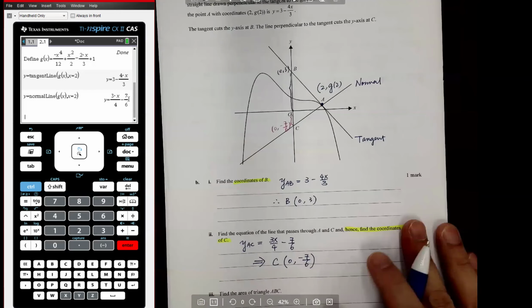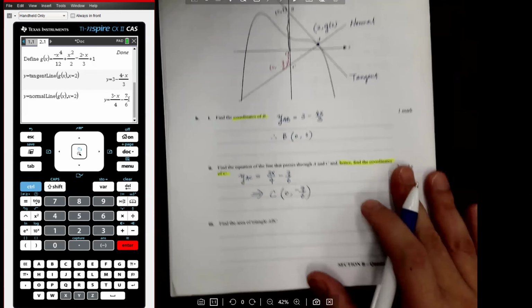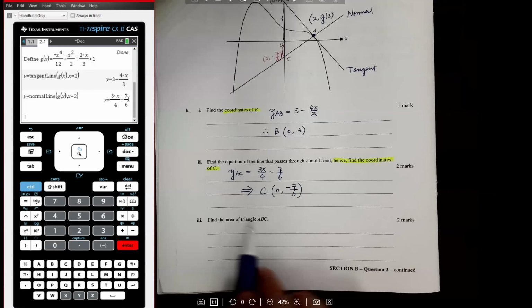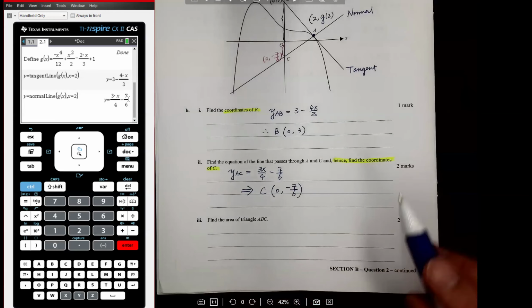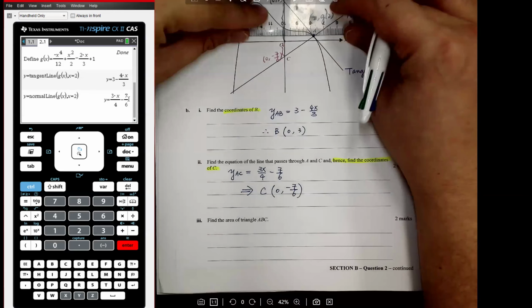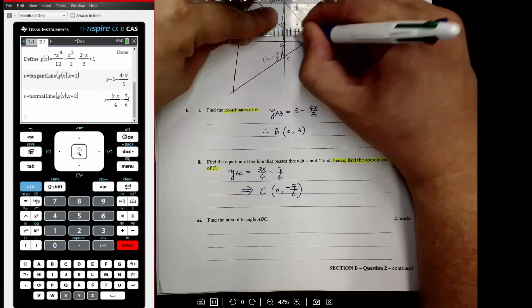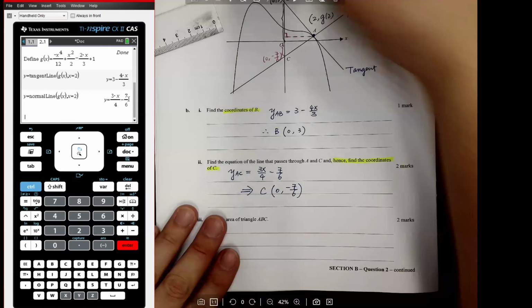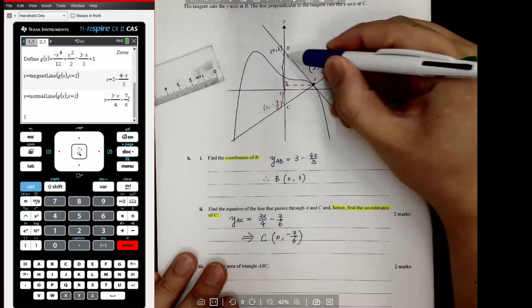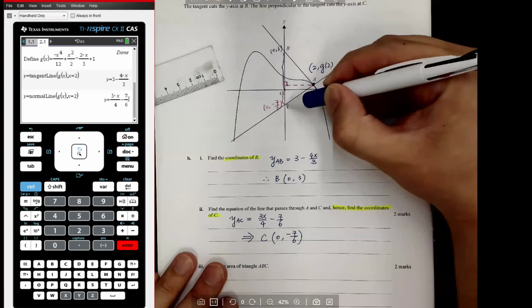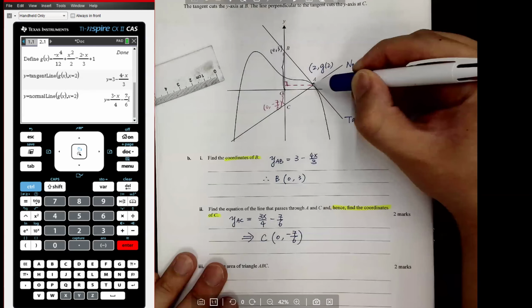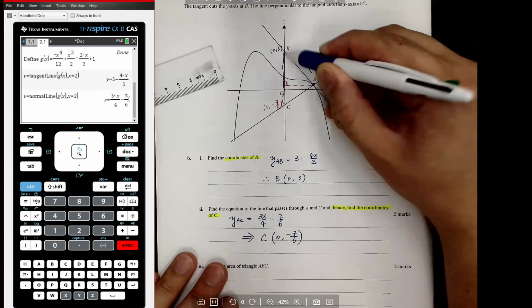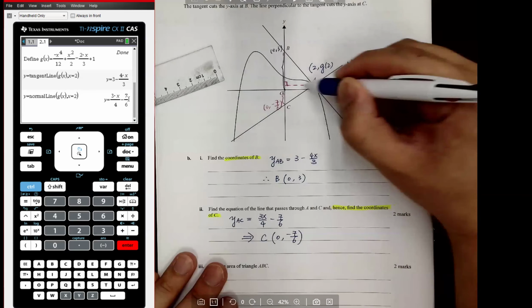But once you get to part 3, it wants you to find the area of triangle ABC. So if you notice, this is just a simple geometric problem. You can identify this could be the base of the triangle. This is the perpendicular height because this is the horizontal direction. This is the vertical direction. And the horizontal distance here is just 2.